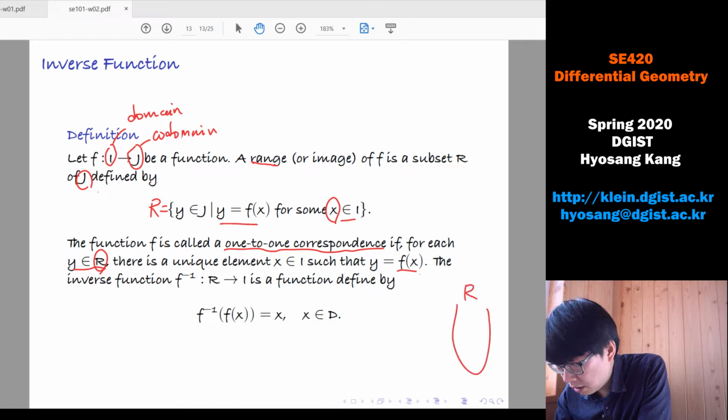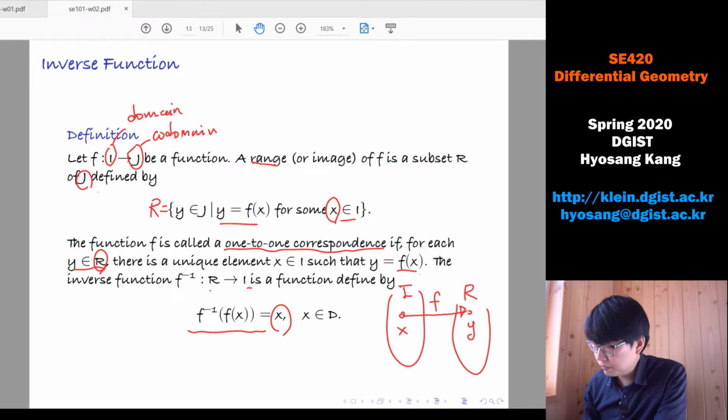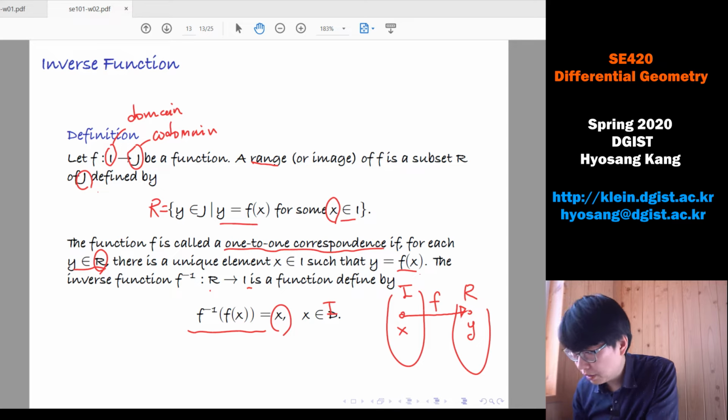We have R and I. If you pick any point in the range, you have exactly one point x which maps to y. In that case, you can take an inverse function from R to I, so that if you compose the two functions, you get the identity function. So this is not D, this is I.